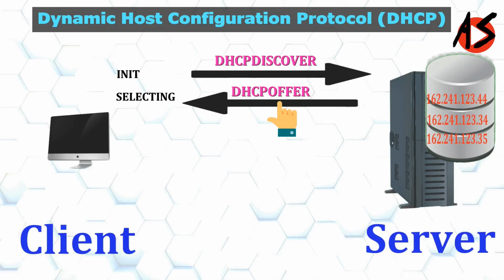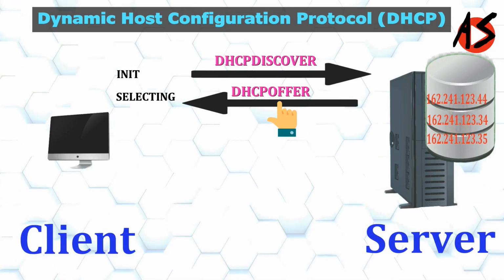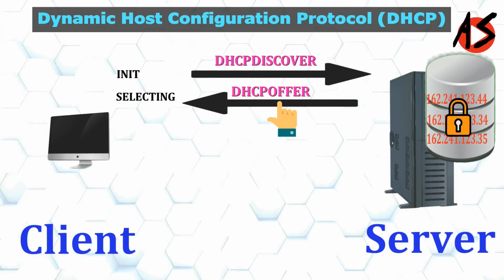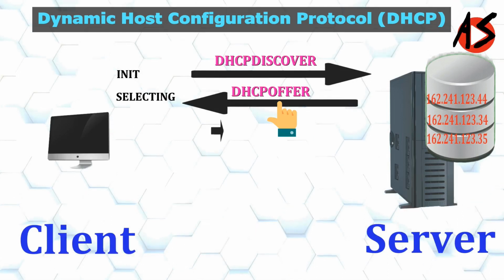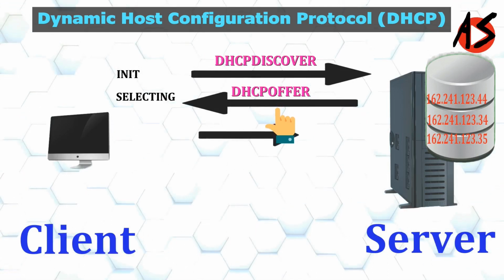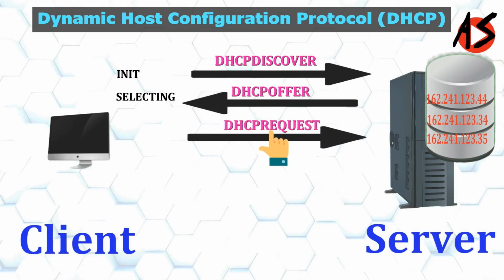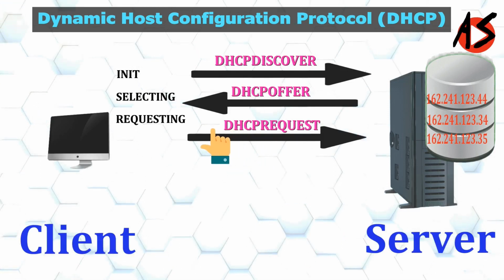The server that sends a DHCP offer locks the offered IP address so that it is not available to any other clients. The client chooses one of the offers and sends a DHCP request message to the selected server. It then goes to the requesting state.